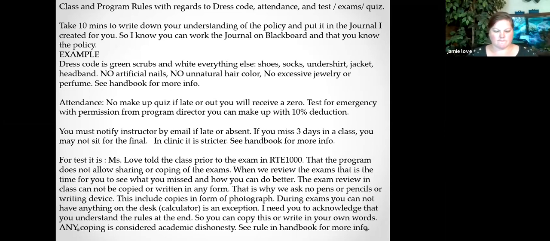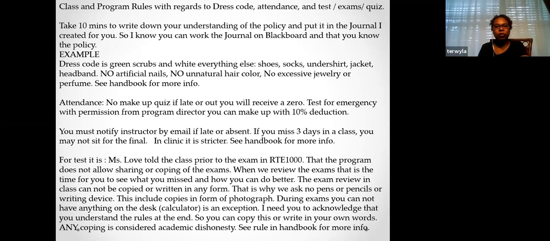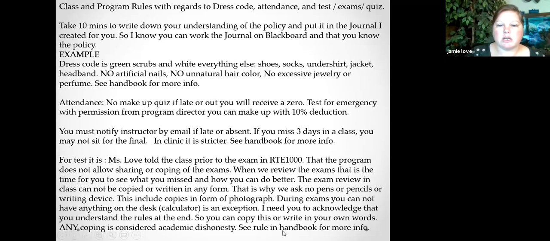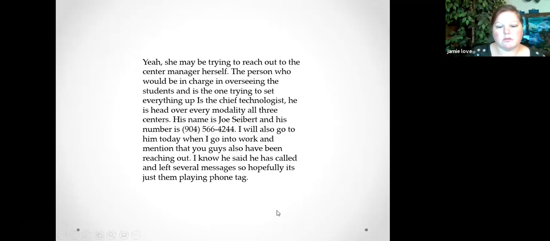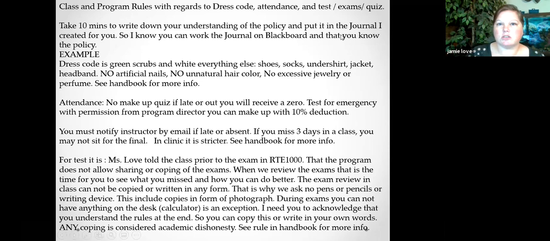Yeah. Now, where will we find this that we can copy it from, Miss Love? I just typed this up a little bit ago. Let me try to see if I can copy it and put it into a text message thing. Let me stop sharing and put it into the chat.